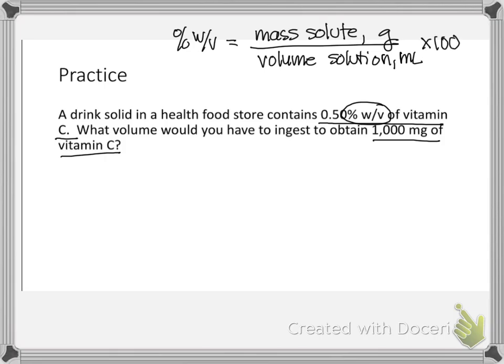Okay, so let's see what I know. I have the percent, so I'm highlighting it there. That number is going to go here in the equation. I have the amount of vitamin C, which is the solute. It's going to go here, but this one's in milligrams, so I'm going to have to get milligrams into grams first.